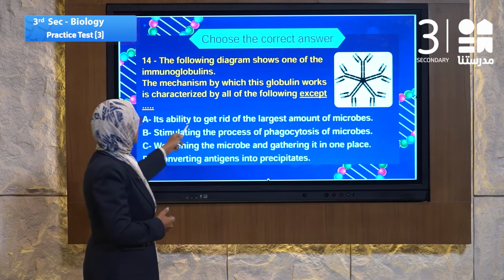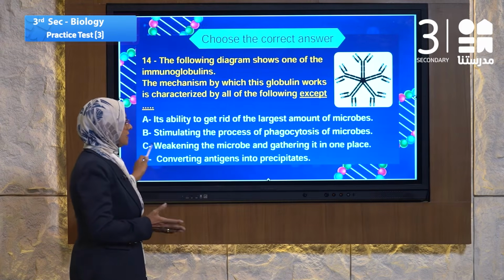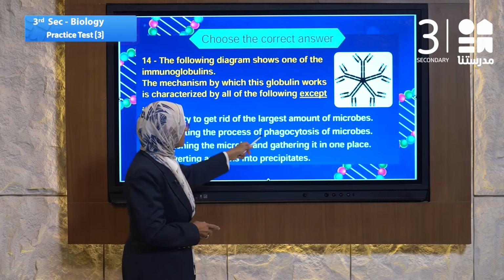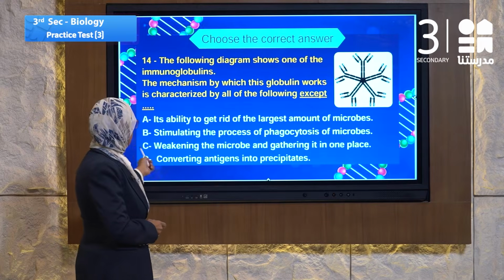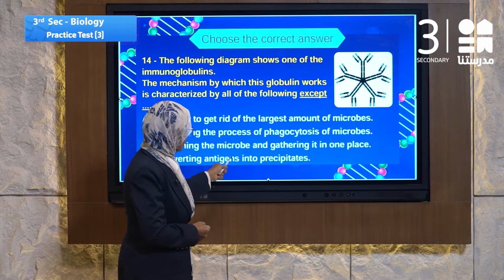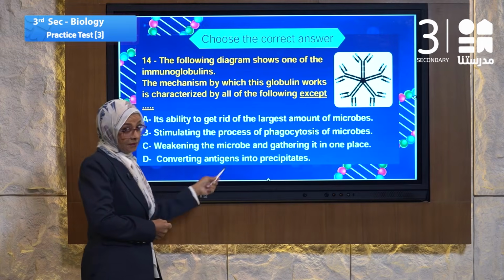Number A, the ability to get rid of the largest amount of microbes. Yes, it does. Number B, stimulating the process of phagocytosis of microbes. Number C, weakening of microbes and gathering them in one place.